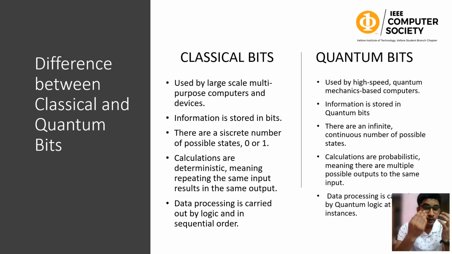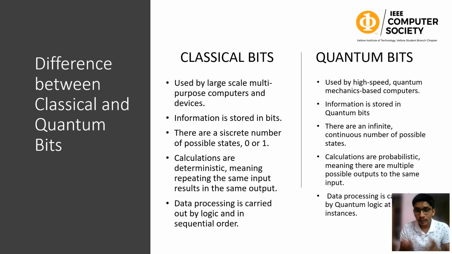We store information in bits in classical computers, and in qubits in quantum computers. We have zeros and ones as classical bits, and zeros and ones and the phases between 0 and 1 in qubits.